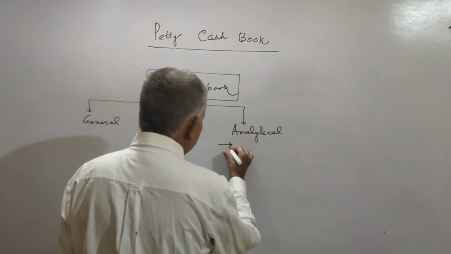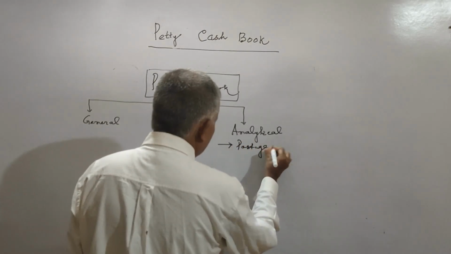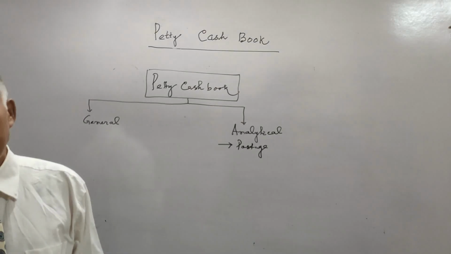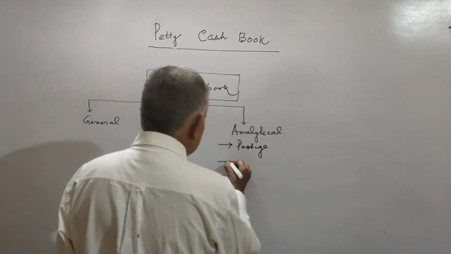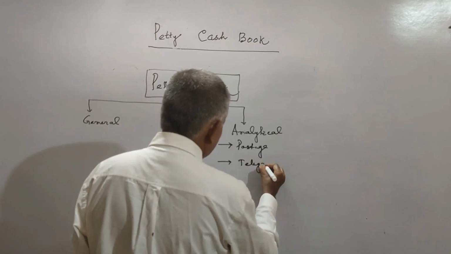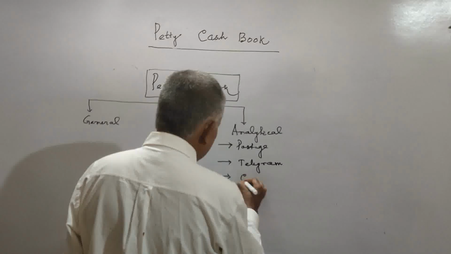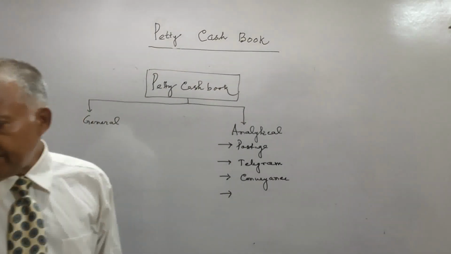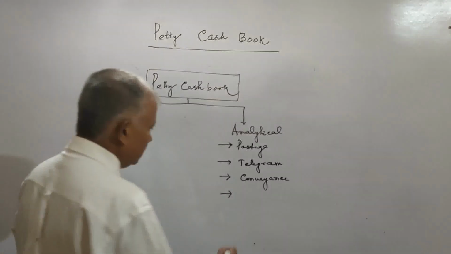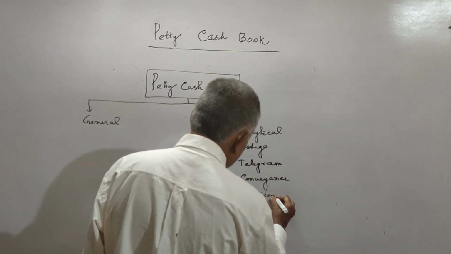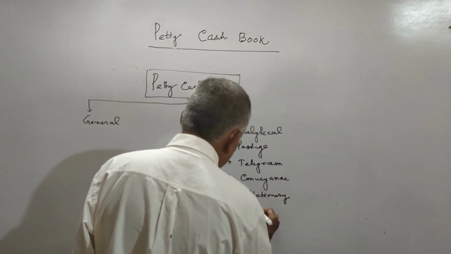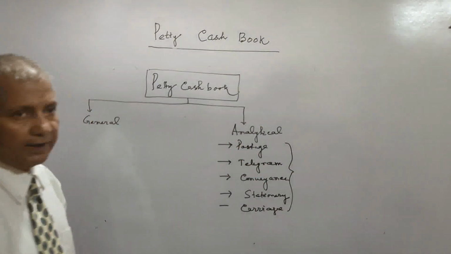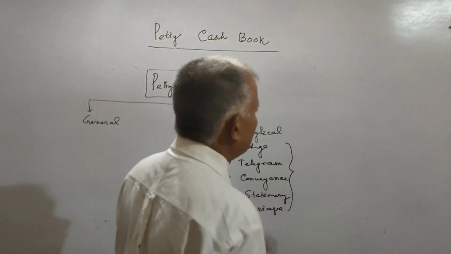I am giving you some example. Postage. If we make a total of the postage column, we will find out how much is the total postage expenses. Similarly, telegram, similarly conveyance or traveling, similarly your stationery, carriage, all the items are recorded, say head-wise.